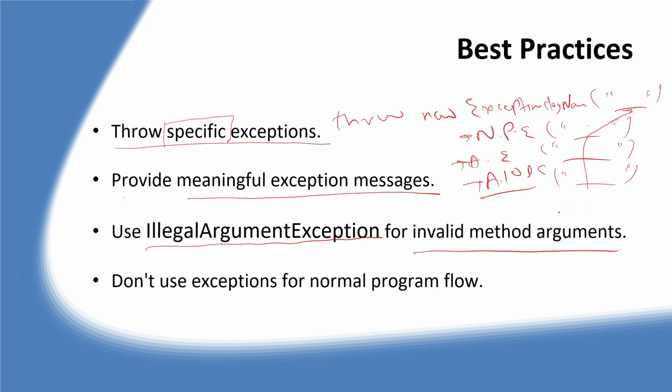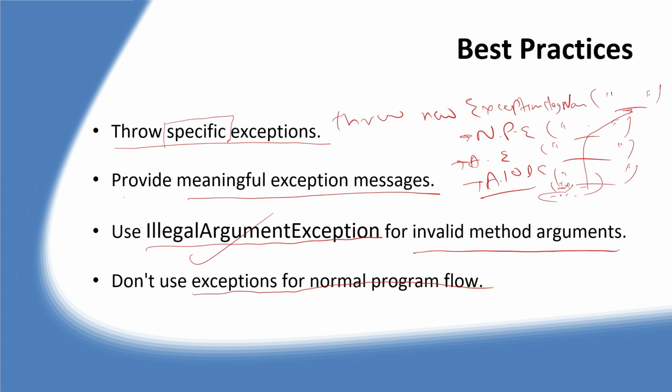Method arguments means whatever value we need to provide. Let's say we want the argument as positive but the user is passing negative, so in that case we'll throw illegal argument exception. And don't use exceptions for normal program flow.